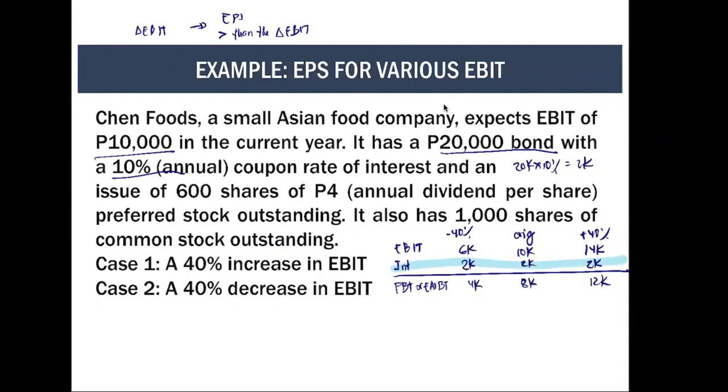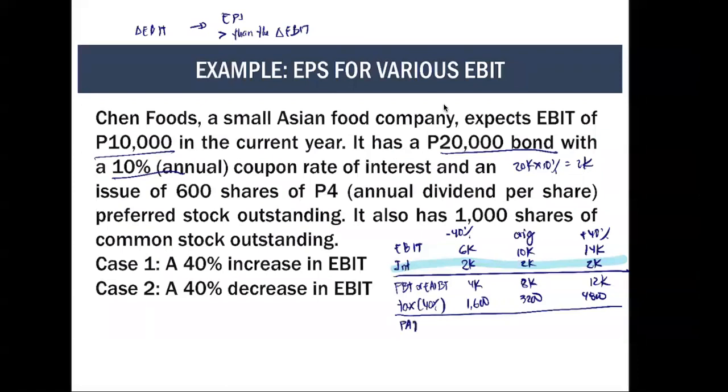Next, we get your tax. Let's say that the tax is 40%. 40% of 4,000 is 1,600. 40% of 8,000 is 3,200. 40% of 12,000 is 4,800.